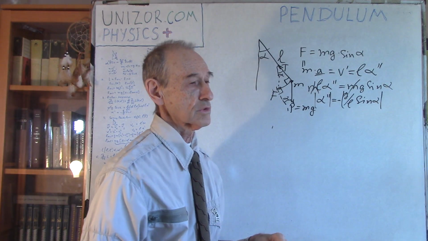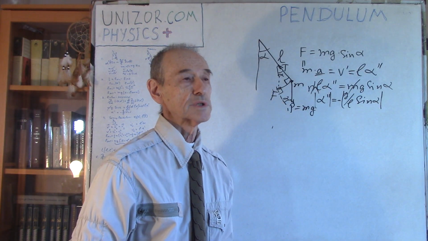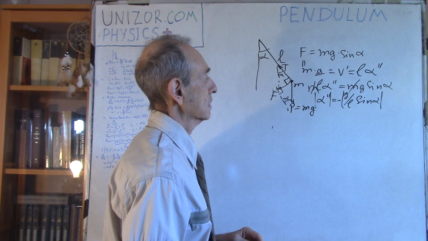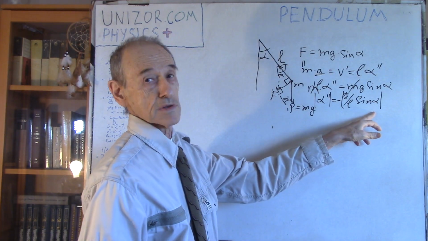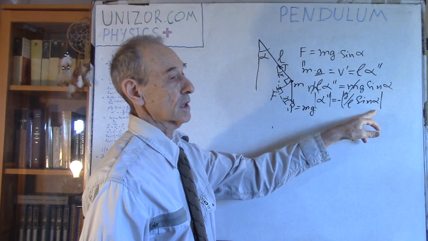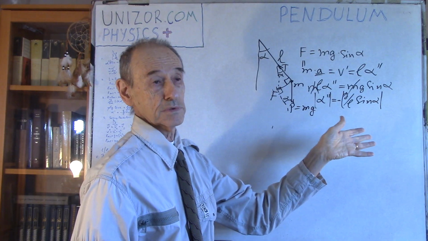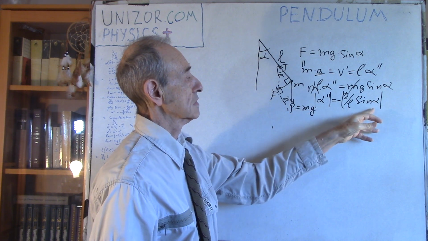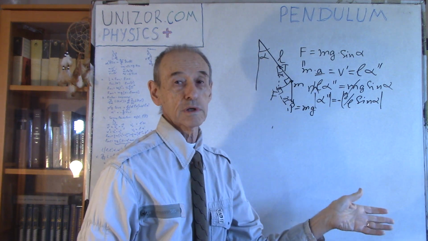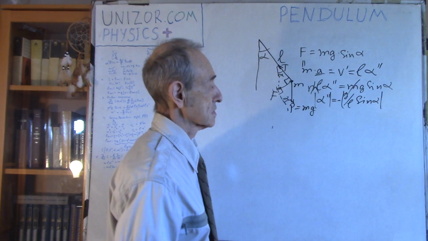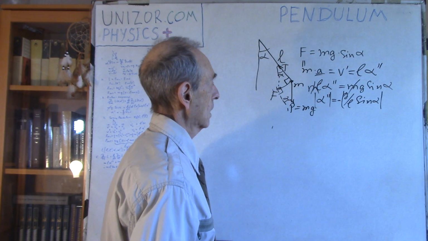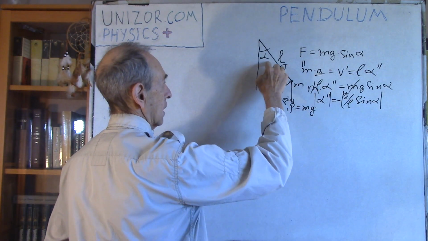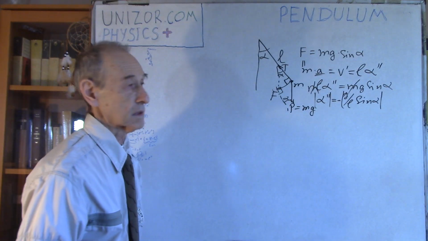The solution is some kind of complicated elliptical function, which is not really a formula. But in case angle alpha is very small, sine of alpha is approximated as alpha itself, so with the second derivative on one side and plain alpha on the other, harmonic oscillation would be a solution to this differential equation. Now we have only one variable which is changing with time, which is angle alpha.